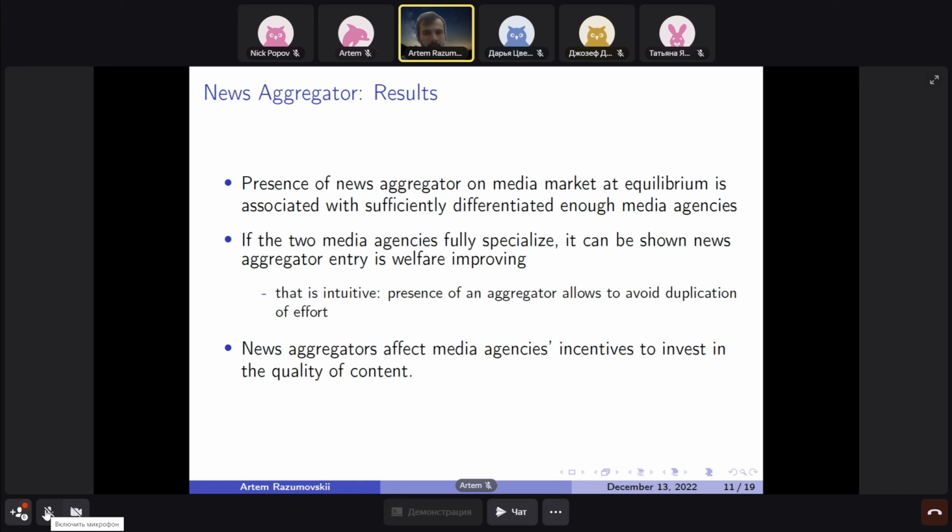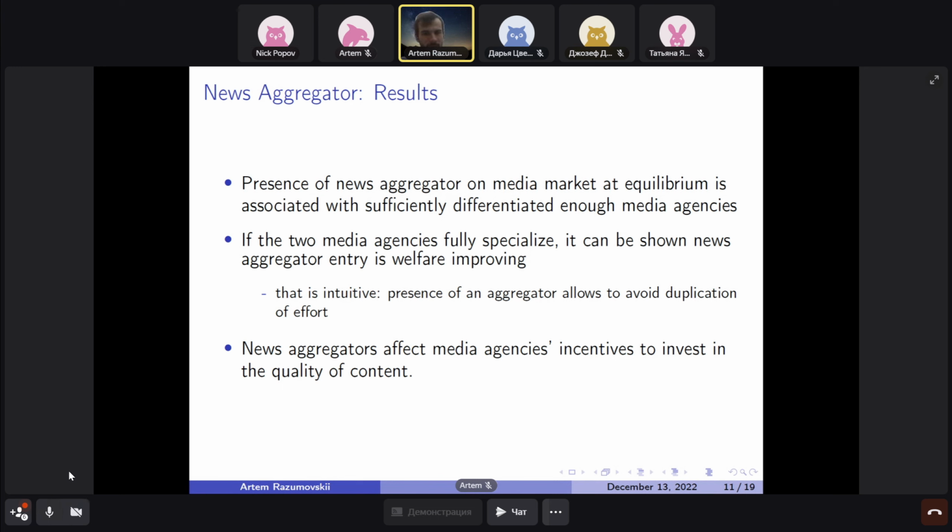Those who are close to an agency will still pick the agency, so whether the aggregator enters or not, they don't really enjoy that. But those who are in between will pick the aggregator instead of an agency, and they will enjoy the quality of both agencies, because they have access to both agencies right now.